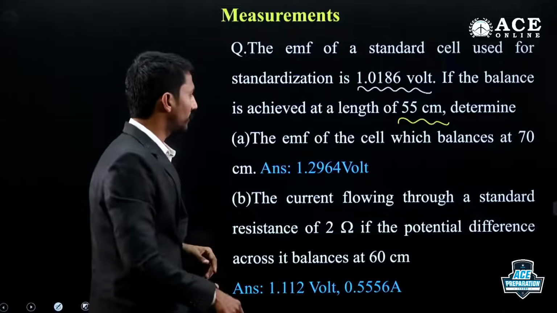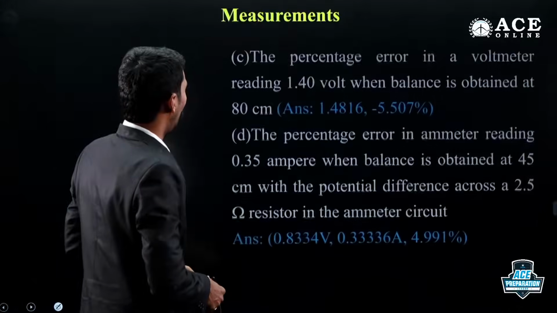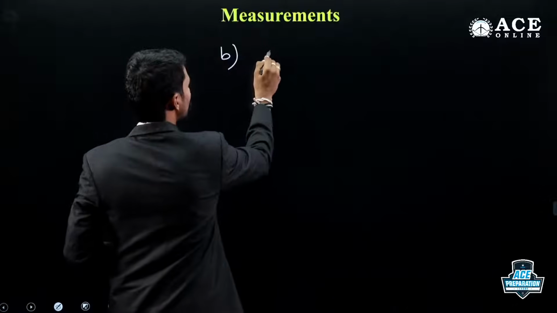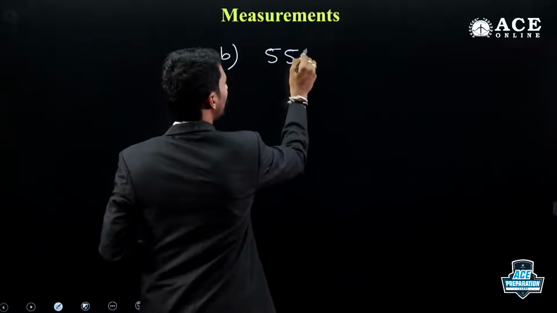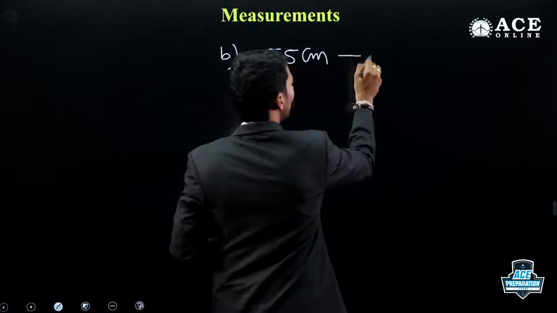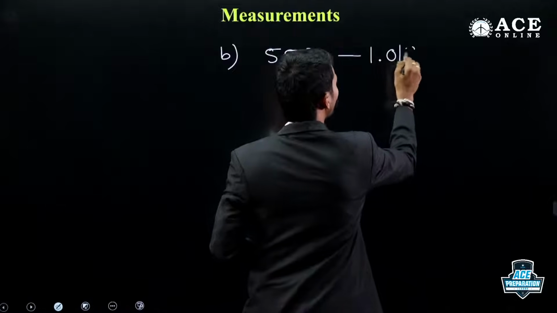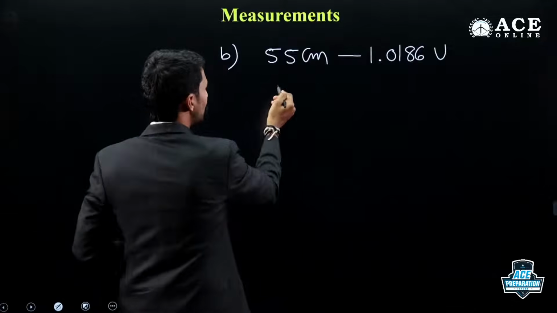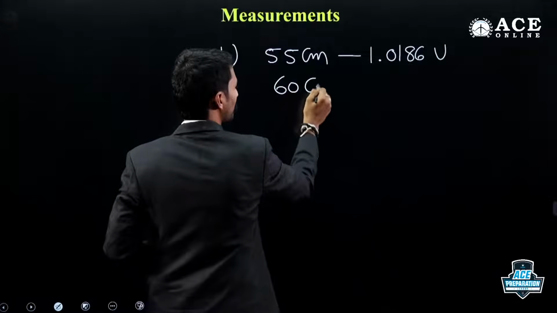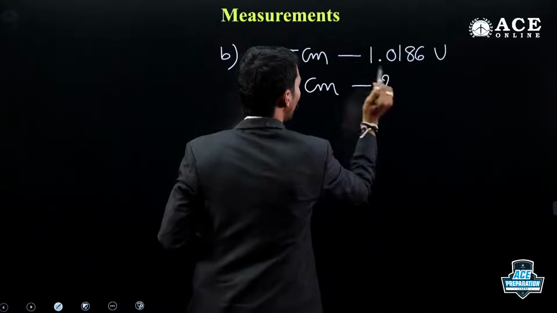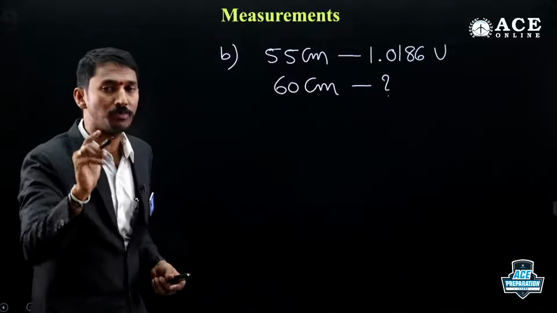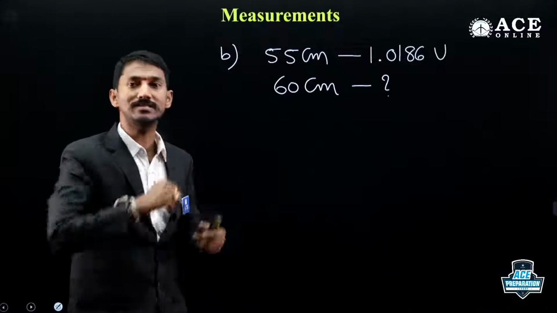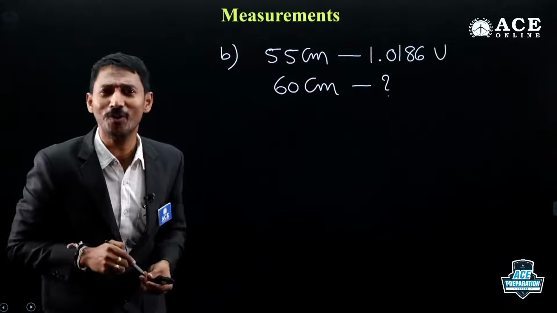Okay, now let us take that. Right, second part. 55 centimeter, how much is given? 1.0186 volt. Okay, now for 60 centimeter he is asking. But you need to understand the point. For 60 centimeter, he wants to balance the circuit. It means we need to calculate the voltage first.